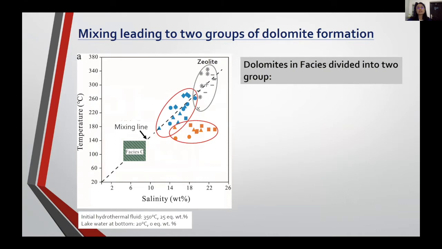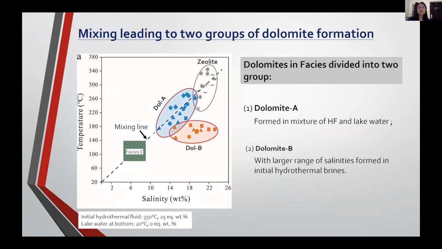In laminae within facies A, a portion of dolomite shows covariation of temperature and salinity, which crystallized from a mixture comprising 10 to 45% lake water, but other sets of dolomites with a wide range of salinity crystallized mainly from hydrothermal brine. The occurrence of two groups of dolomite reveals that primary dolomite precipitation happened in different stages of hydrothermal circulation rather than a stable one.